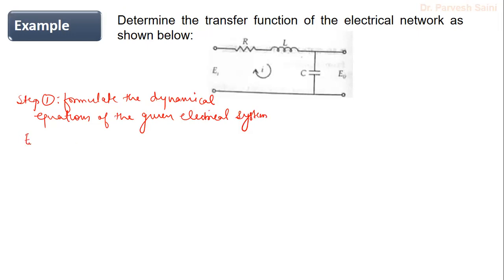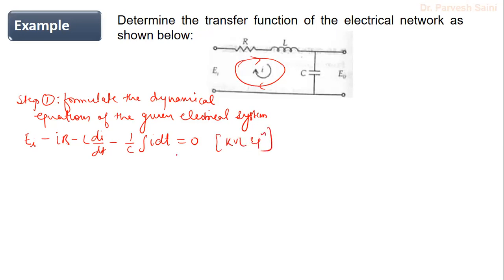It is EI minus IR minus LdI by dt minus 1 by C integration I dt is equal to 0. So if you see here in this particular mesh, the KVL equation is, so this is the KVL equation, right?